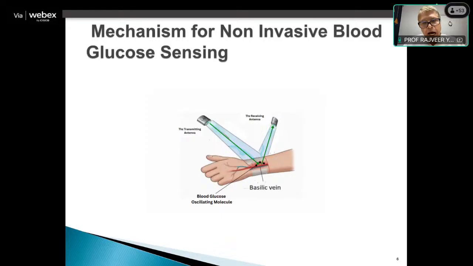Here I have shown the palm or wrist, and in this wrist we are transmitting a terahertz wave, as I have shown you already the structure. And from this terahertz wave, we are targeting the wavelength of blood glucose molecules. The blood glucose molecules, they are somewhere at 1 nanometer wavelength.